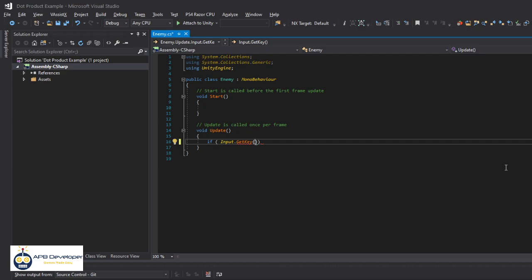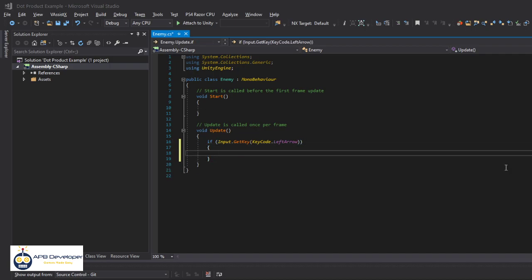So if we are using key code left arrow, so if we're pushing left, we're just going to take transform and rotate. Because it's 2D, it's forward. We want to rotate around forward.